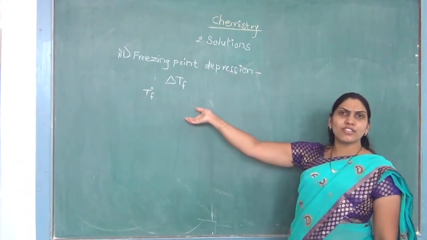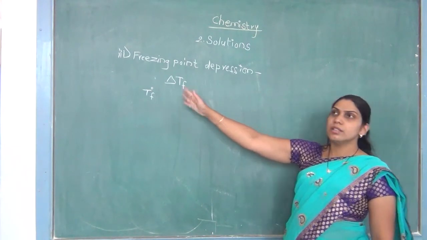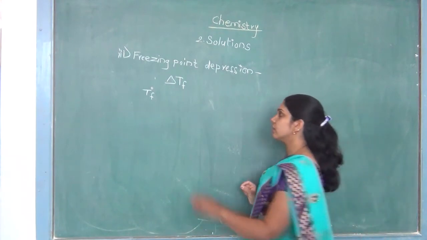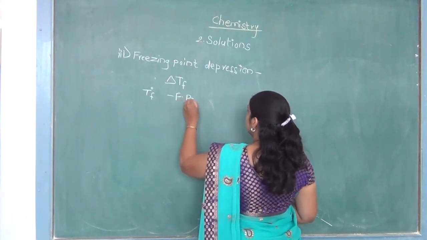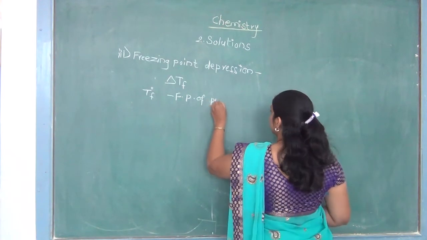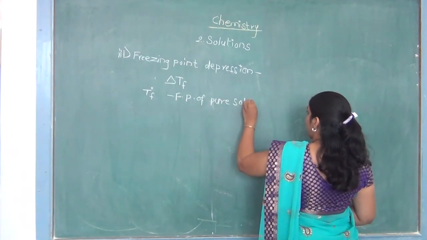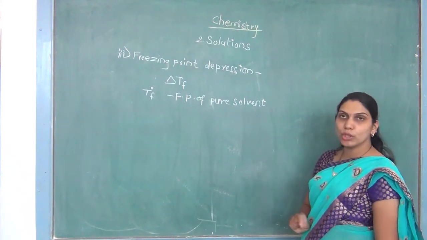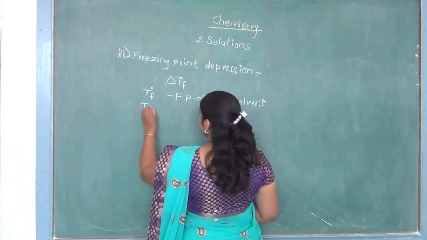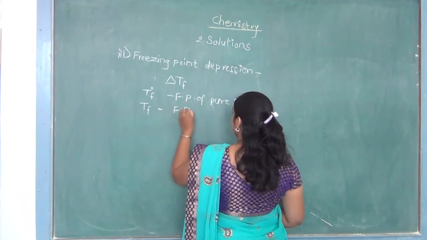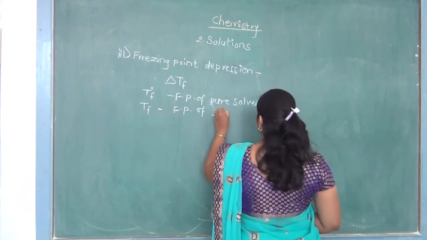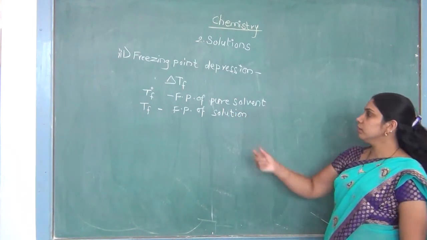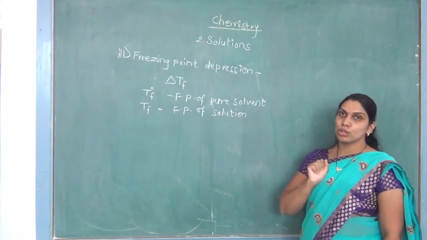TF is naturally the freezing point. 0 refers to pure solvent, and hence T0F is the freezing point of pure solvent. TF is the freezing point of solution.